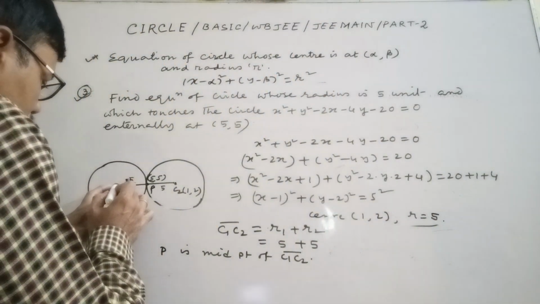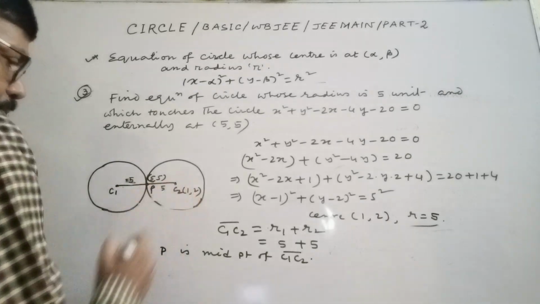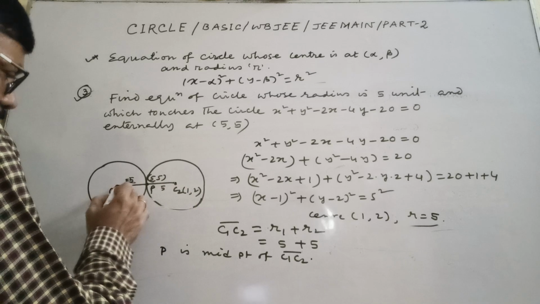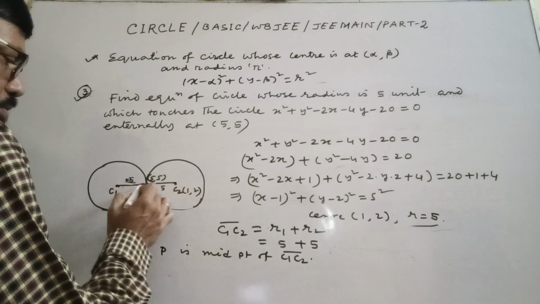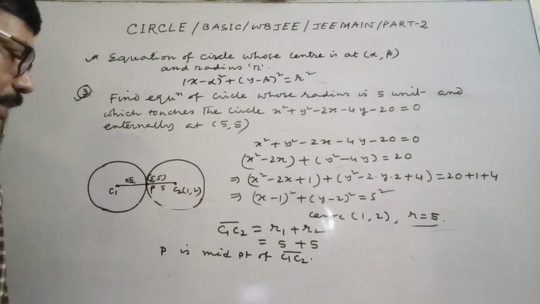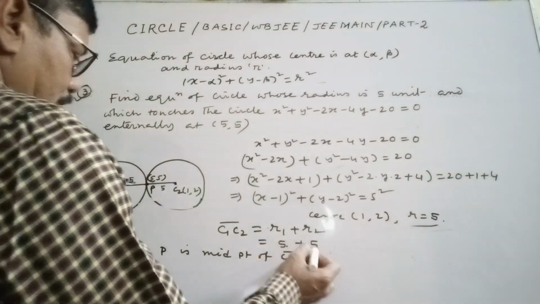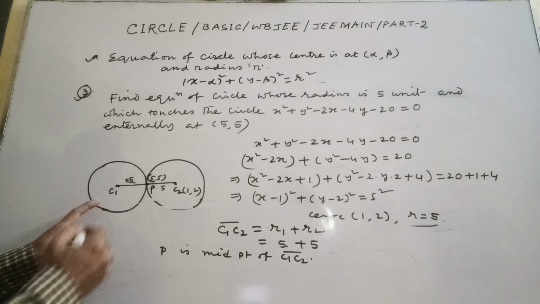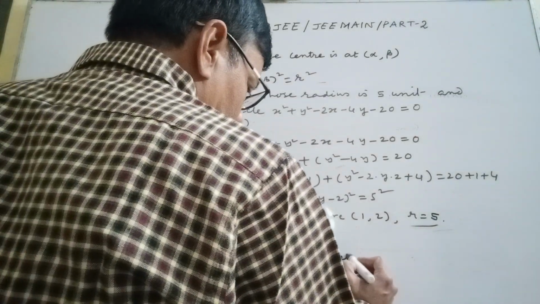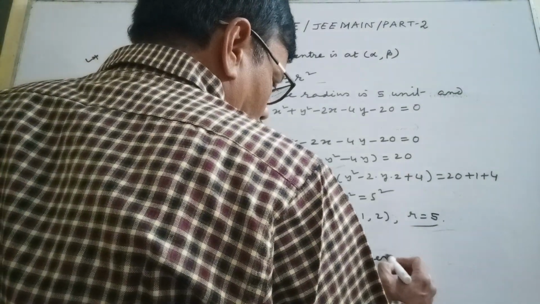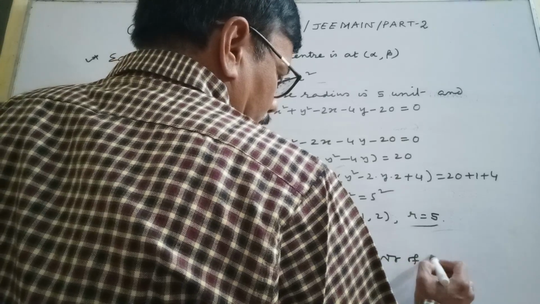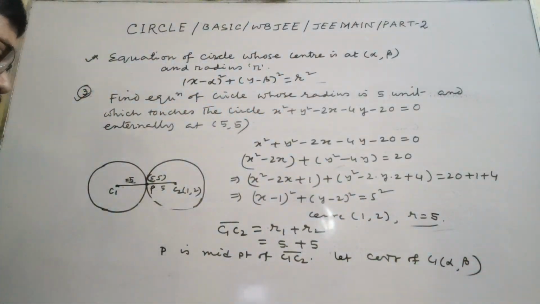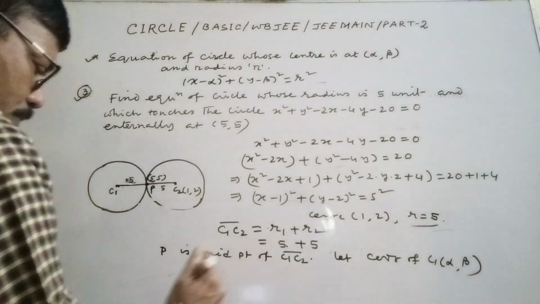Two circles touch externally. Now look, C1, C2. Distance between centers equals the sum of radii. So this is 5, this is also 5, so P is the midpoint. So let the coordinates of C1 be (alpha, beta). P is the midpoint of C1, C2.